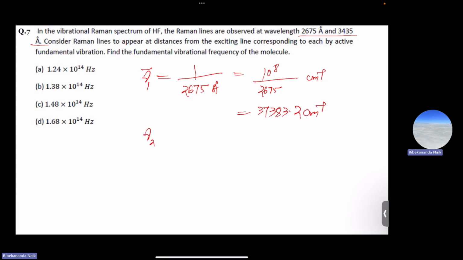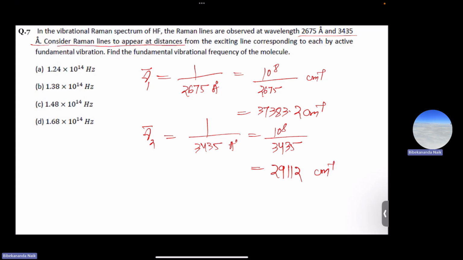And for the second line, it is 1 by 3435 angstrom, which is 10 to the power 8 divided by 3435, that is 29112 centimeter inverse.